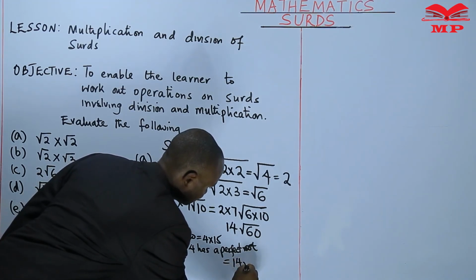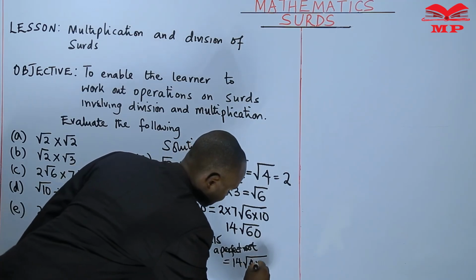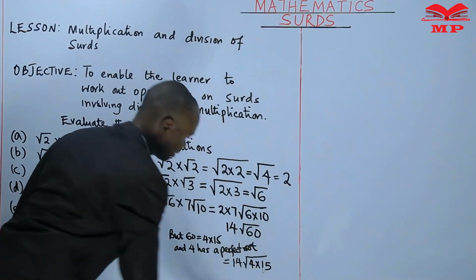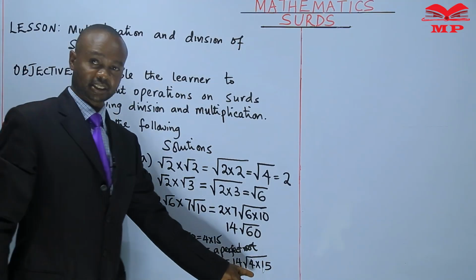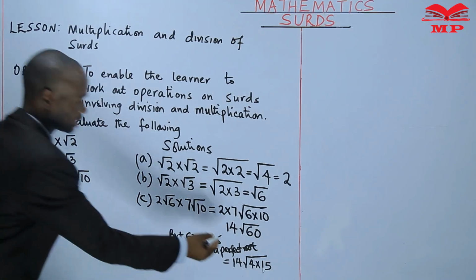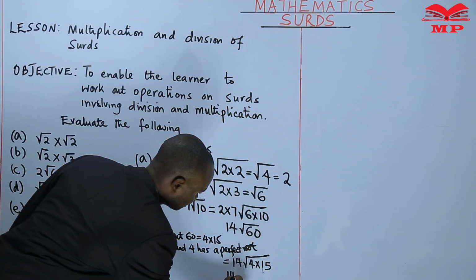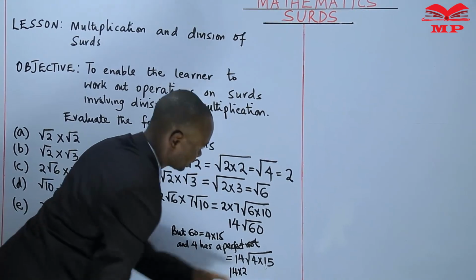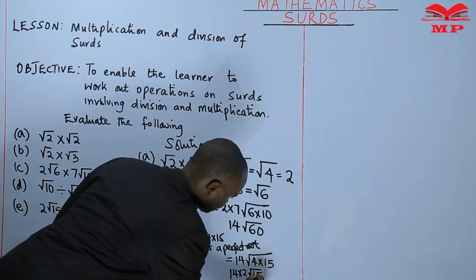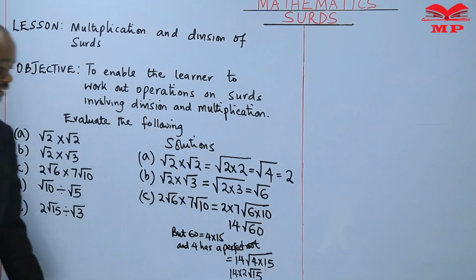So what you've got here will be the same as 14 into square root of 4 times 15. You be very careful there. But 4 has a perfect root, so it will come out. It will then become 14 times 2, and the square root of 15 remains inside, because the 4 has a perfect root.